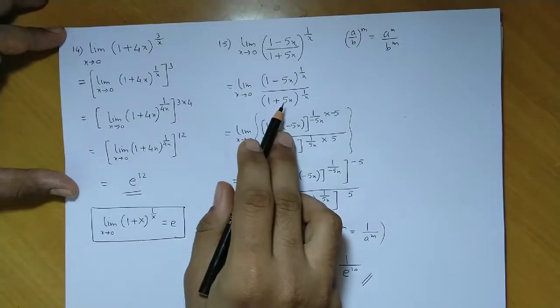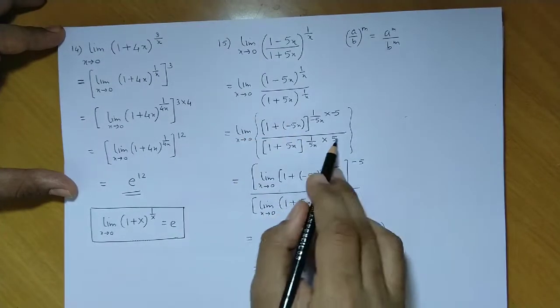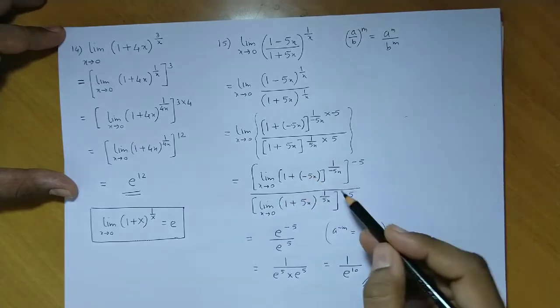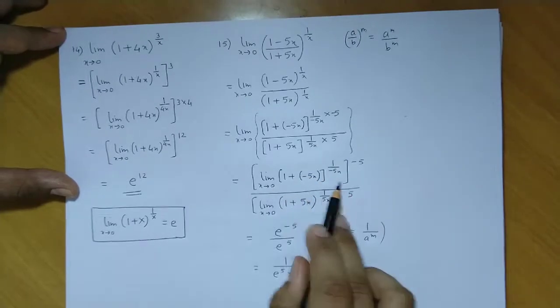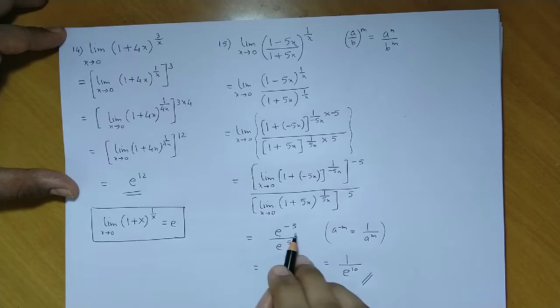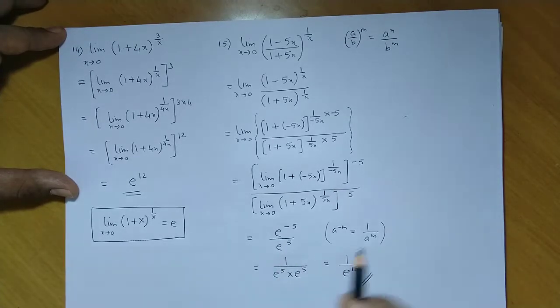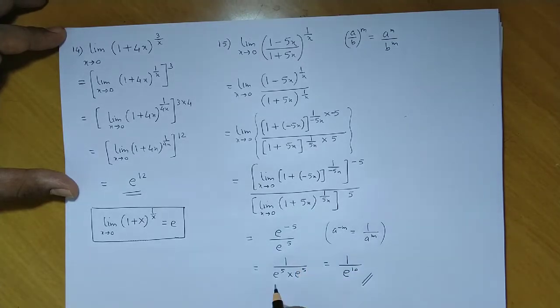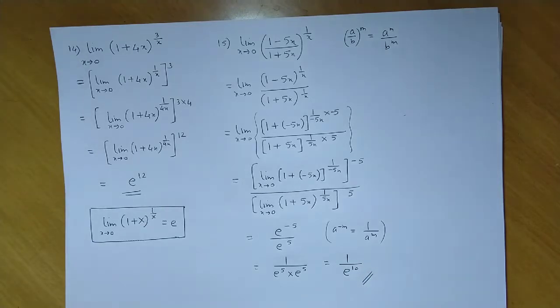In the denominator you have positive 5x, so we multiply and divide by positive 5 in the index here. Then we separate the two limits. The numerator limit value is e raised to minus 5 and the denominator value is e raised to 5. Again e raised to minus 5, you bring it in the denominator, and the final answer turns out to be 1 upon e raised to 10.